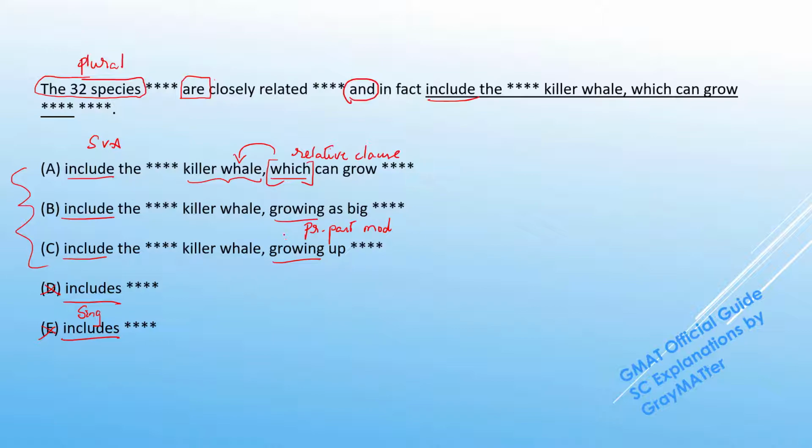But if we put these present participle modifiers at the end of the clause separated by a comma, then it is not applying to the killer whale, because this is how a present participle modifier works at the end of the clause.